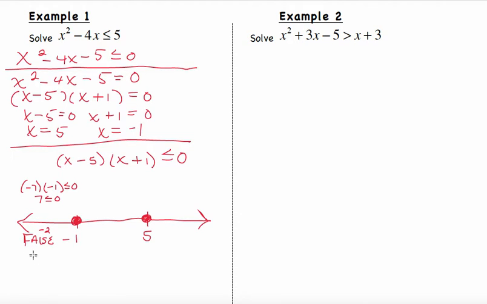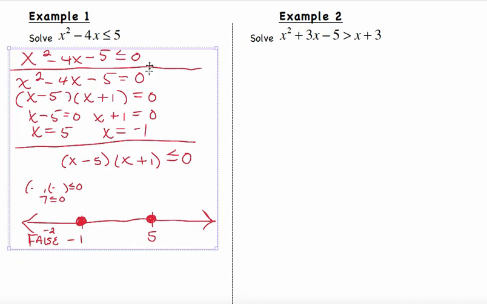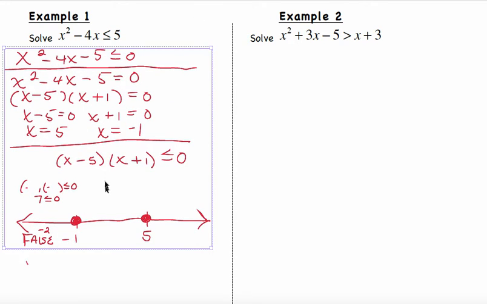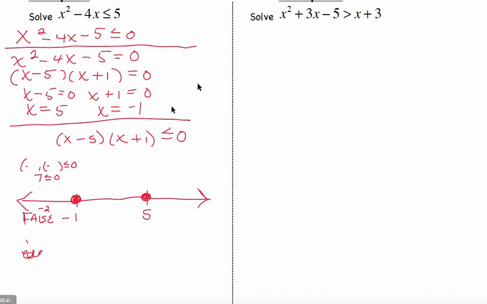Now there's something that can make the process even quicker, and that's realizing that you don't even need to have the numbers here. I don't even need to know that that came out to be -7 or -1.